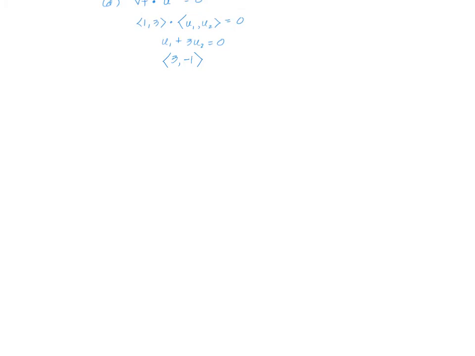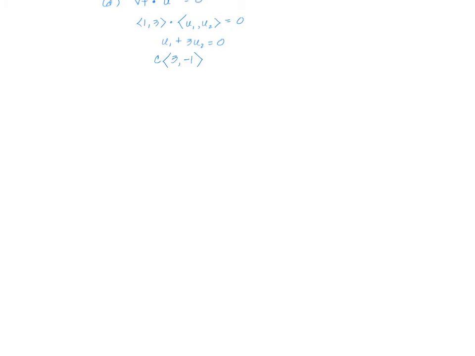So if this particular vector gives me 0, then any scalar multiple will also give me 0 when dotted with my gradient vector.